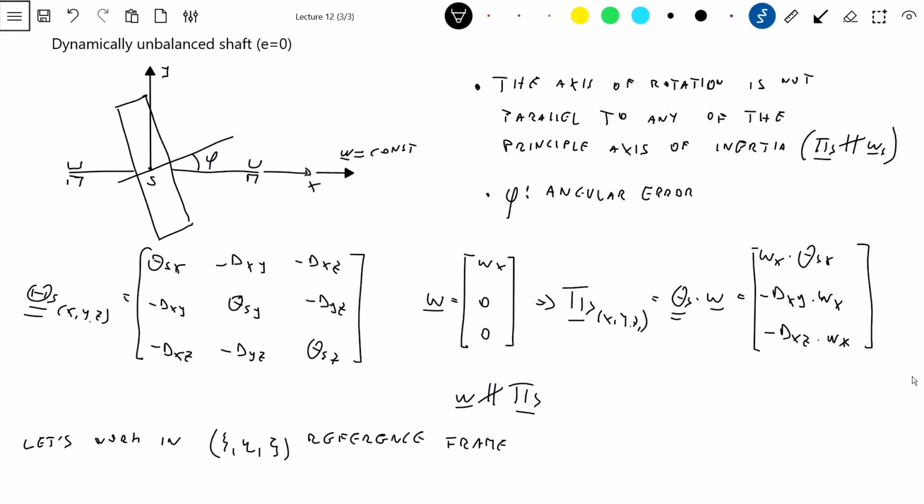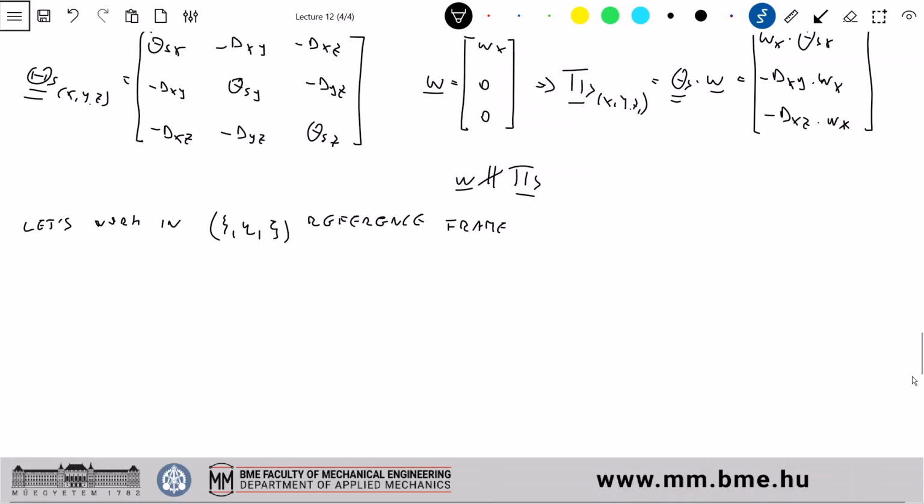This will be psi, and this will be our eta, while zeta and z are parallel. Now we can write theta s quite comfortably, because we are on the principal axes of inertia.